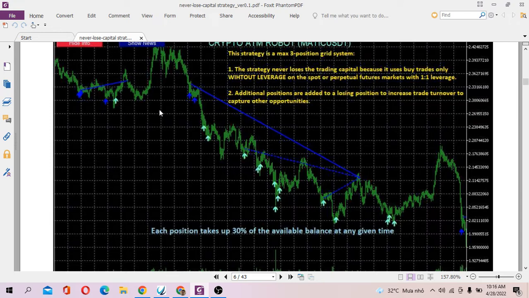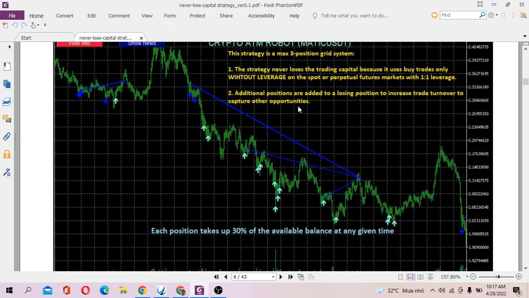For any open positions, those positions never go to zero unless price goes to zero. The key thing is that it doesn't trade with leverage, which is sometimes very risky if the market turns against the trades.